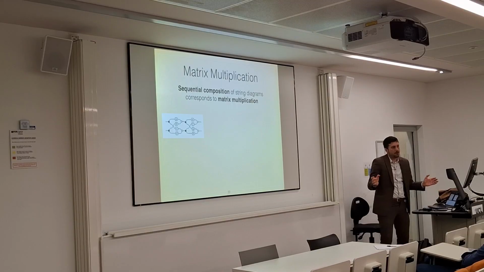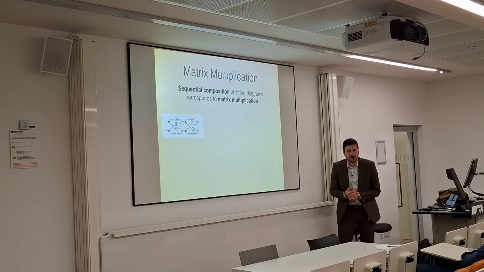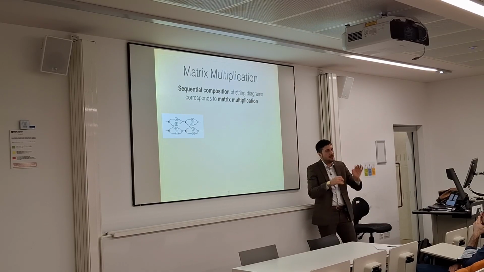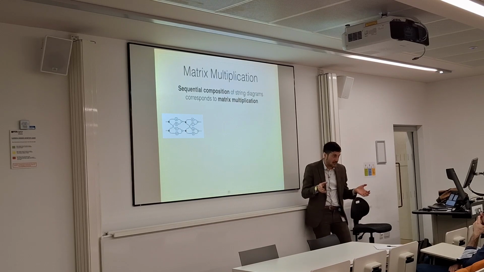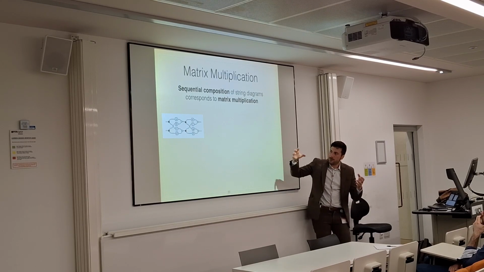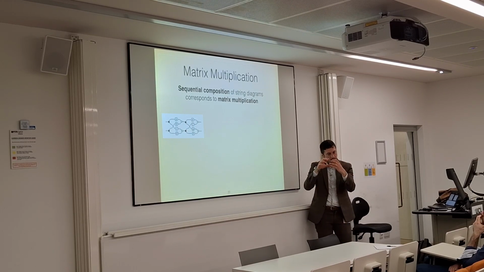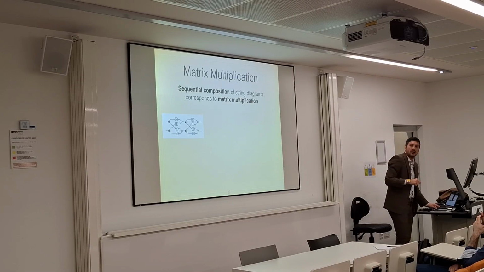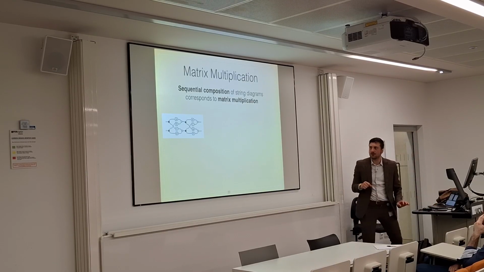So because we can compose string diagrams, now that we have matrices in isolation, we can also study them together. Something I don't show here is that if you put them in parallel, this corresponds to the direct sum of matrices. And if you put them in sequential composition, what does this correspond to? It corresponds to matrix multiplication. So let's see how this works.